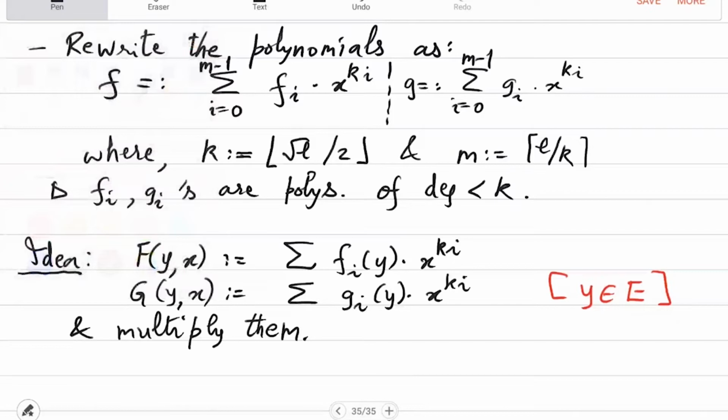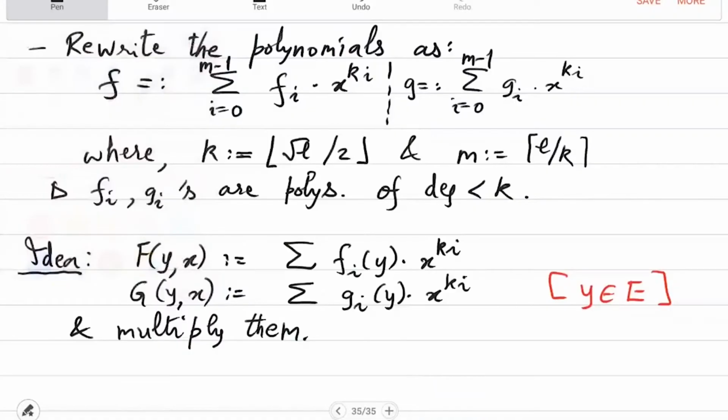So when we evaluate big F and big G at x equal to, let's say, y to the j, the hope is that multiplication can be done efficiently. Okay, it's a low degree multiplication, not a multiplication of degree L. So that is the vague hope, but we have to obviously implement this carefully. We have to check whether it actually works.